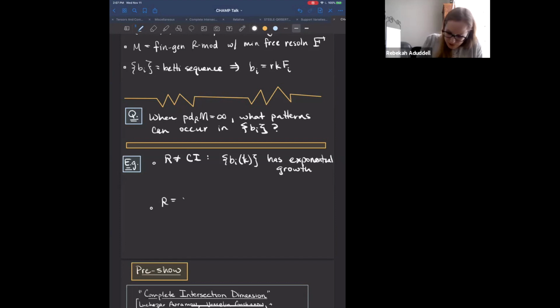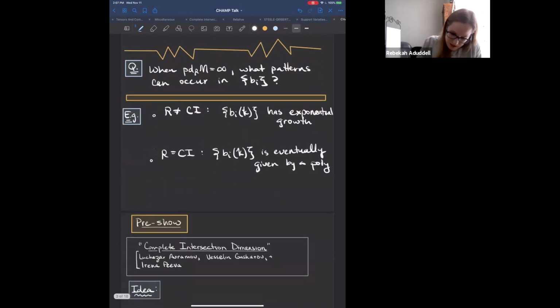But if we look at a ring that is a complete intersection, then the Betti sequence of the residue field is eventually given by a polynomial. In fact, whenever we look at modules over complete intersections, we see polynomial growth in the Betti sequence. So the Betti sequence has nice patterns at infinity.